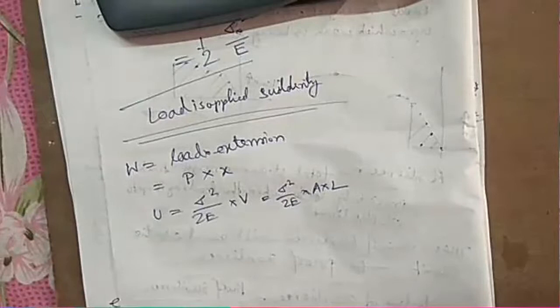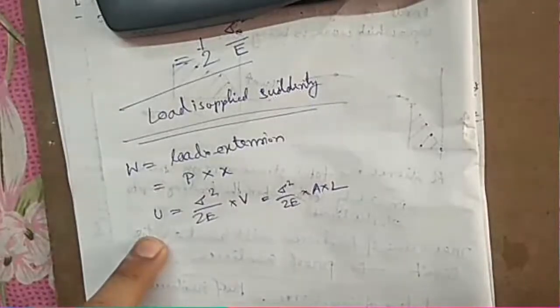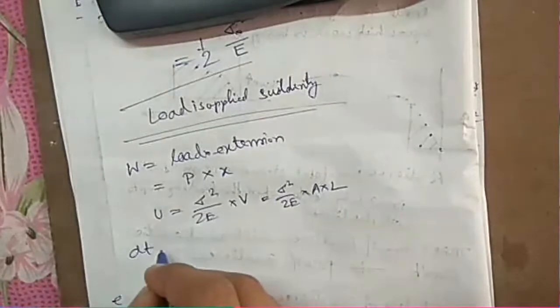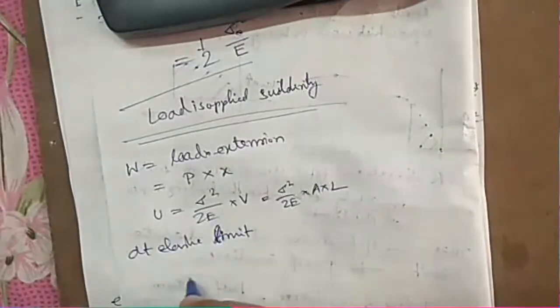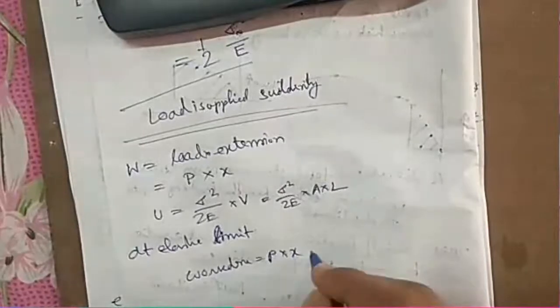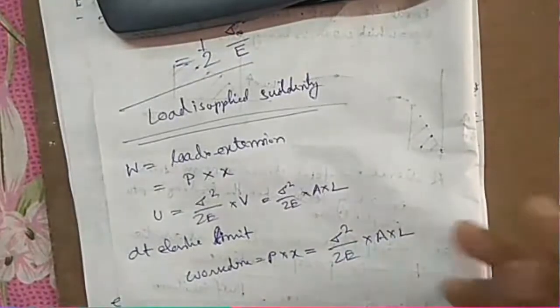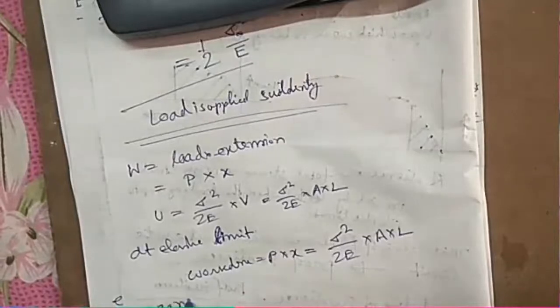So, let me write. At elastic limit, the work done will be P into X, where X is the deformation up to elastic limit, and that will be equal to the expression of the strain energy, sigma square by 2E into A into L. Now we will cancel sigma into L by E from both sides.